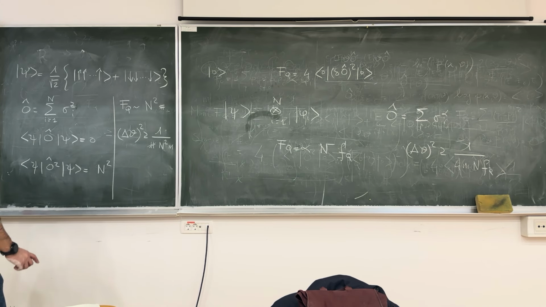No, it is n squared for the simple reason that here it was 0 because of symmetry, because you had 1 sigma z. But here you have 2, right?